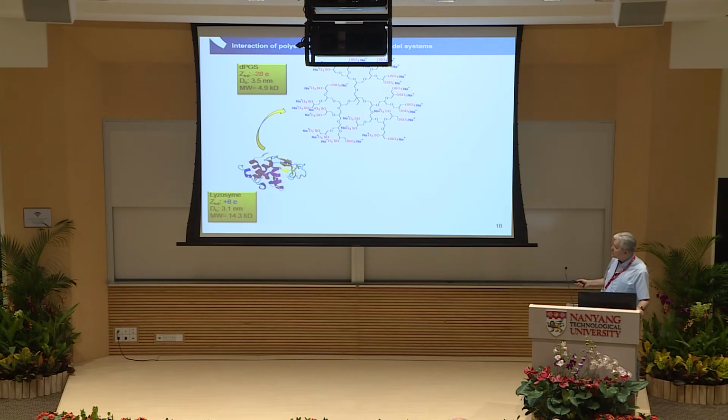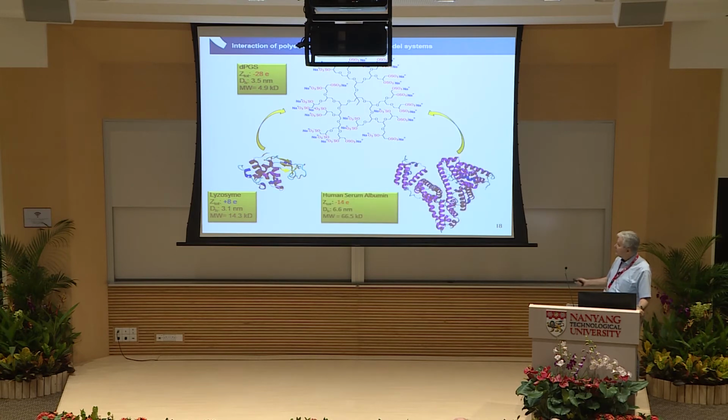And then we took a very clean and robust protein, namely lysozyme, which is positively charged. This thing has an overall negative charge. This is positively charged. And then we take HSA again. HSA is a very important protein because it's the most abundant protein in your blood.